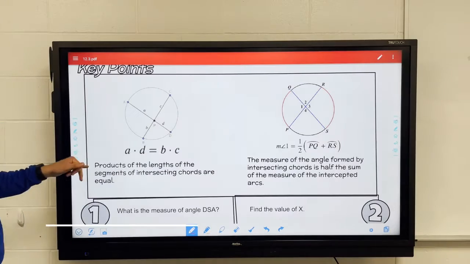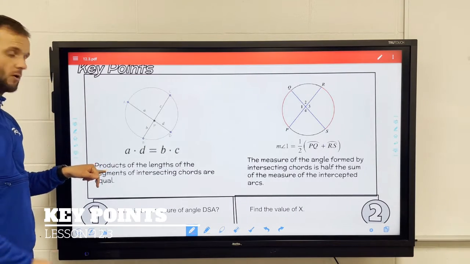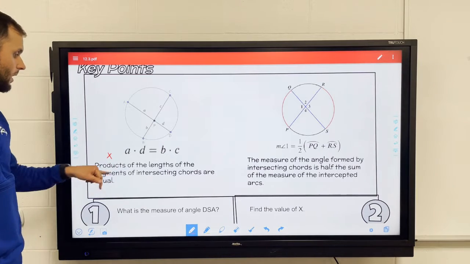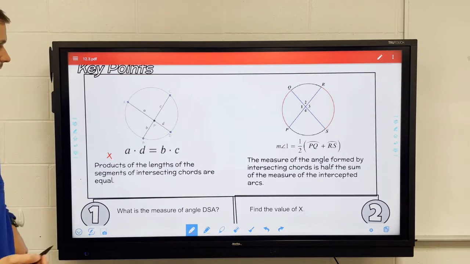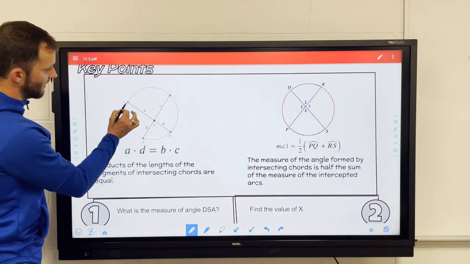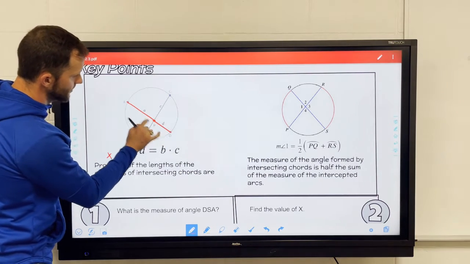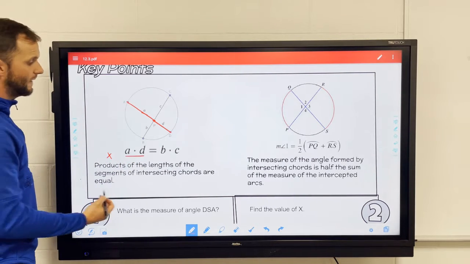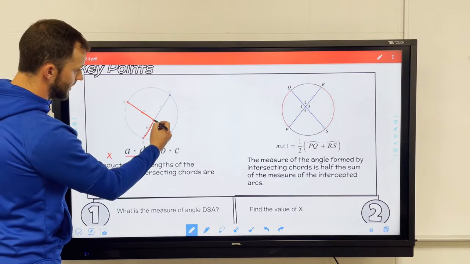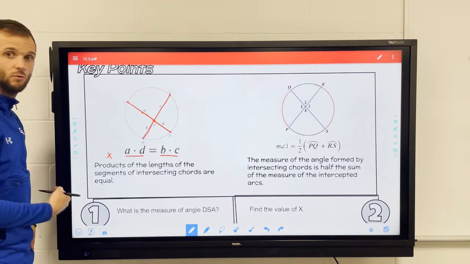Okay, so the first thing we're going to look at says the products, and products means multiply, so I'm multiplying here, of the lengths of the segments of the intersecting chords are equal. So if I look here, I have from this point to here, and from here to here. If I multiply those two together, so A times D, and then take from here to here, and from here to here and multiply those together, those would then be equal to each other.